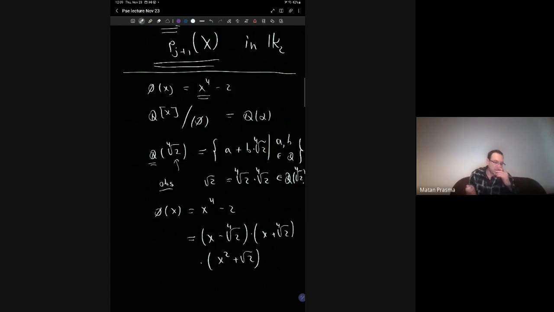And x squared plus square root of 2 does not have any root.